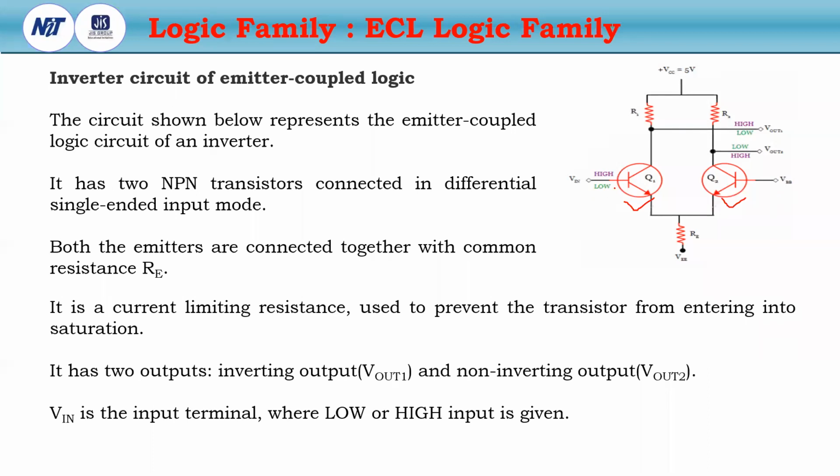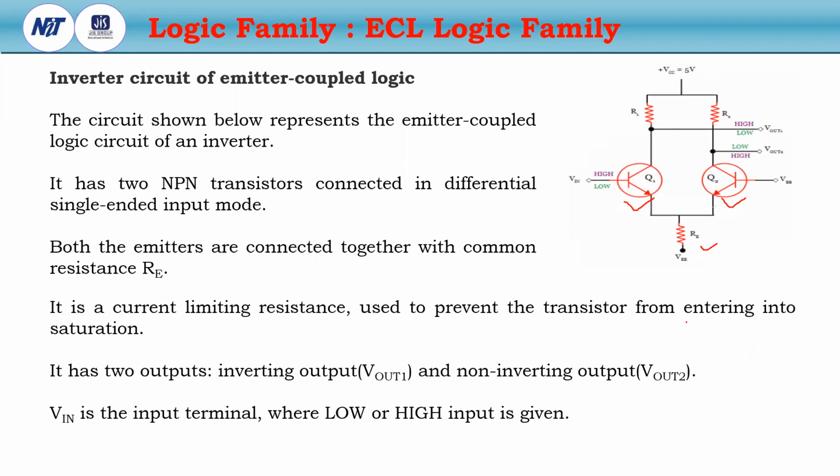when the input at Q1 is high, then we get two outputs. The output will be low at one output, and at the other output it will be high. I will come to that in a later section. Both the emitters are connected together with the common resistance RE, which I already mentioned. It is a current limiting resistance used to prevent the transistors from entering saturation.